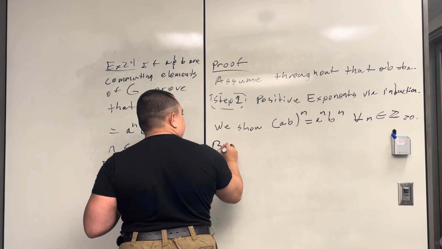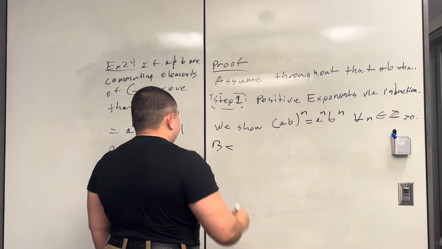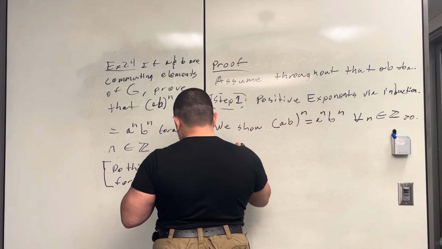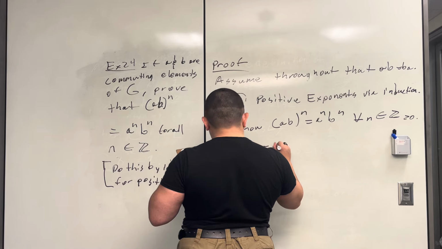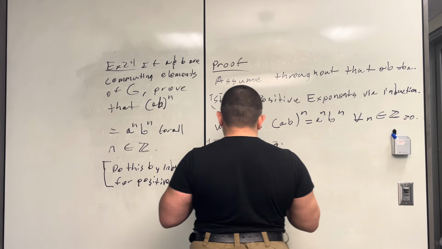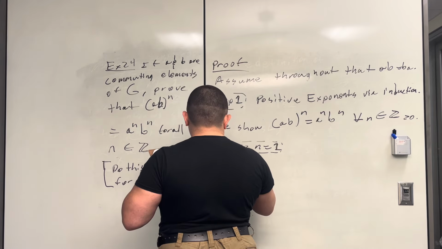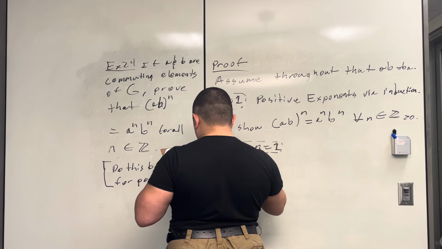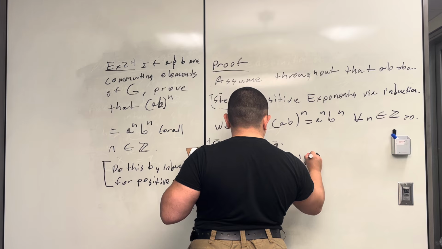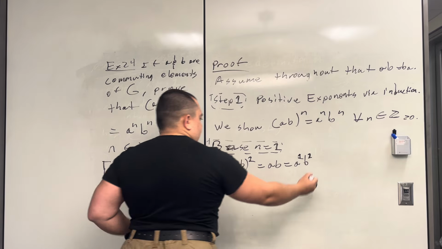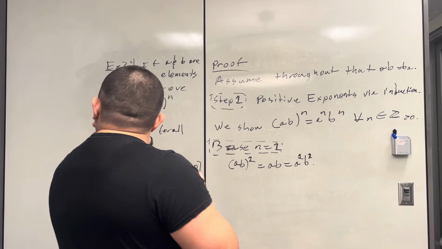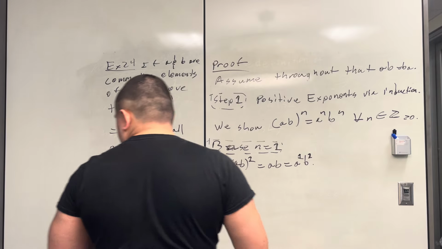Let's set our base case, n is equal to 1. So with base n equals 1, (AB) to the 1 is equal to AB, which is equal to A to the 1 times B to the 1.